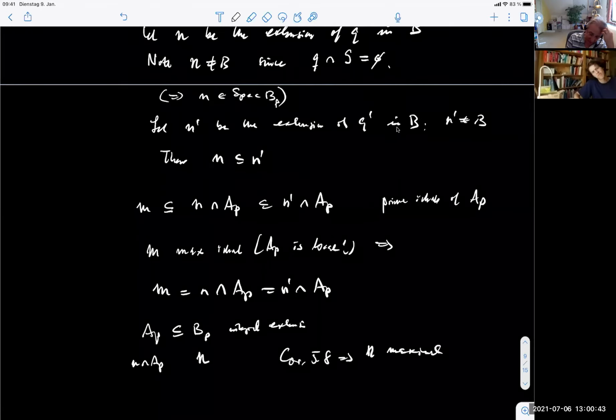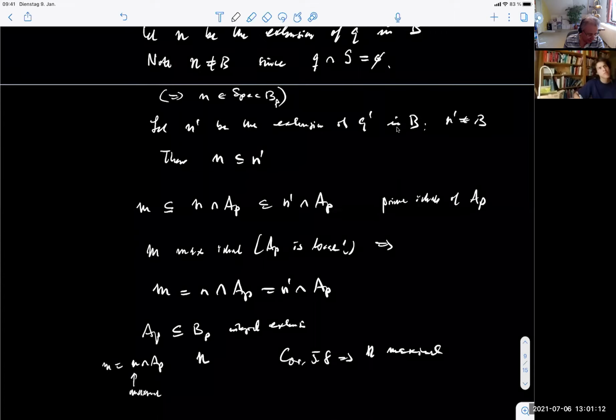This is exactly the situation. I have this ring extension, and I have a prime ideal. Here is the contraction. Because this is an integral extension, I know N is maximal if and only if this guy is maximal. But this is maximal, this is the M. So I get N is maximal.